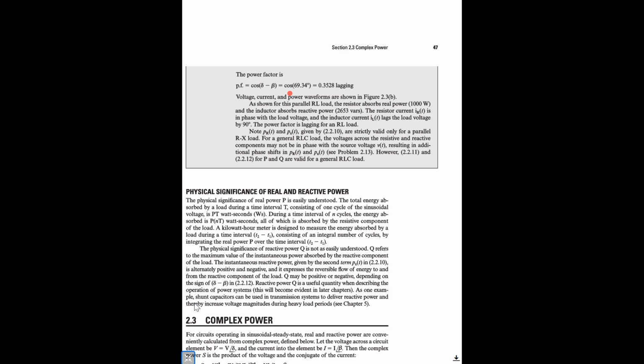You can write cosine of 69.34 degree, and it will be 0.3528 lagging. The current of the network has 69.35 degree lagging from the voltage.